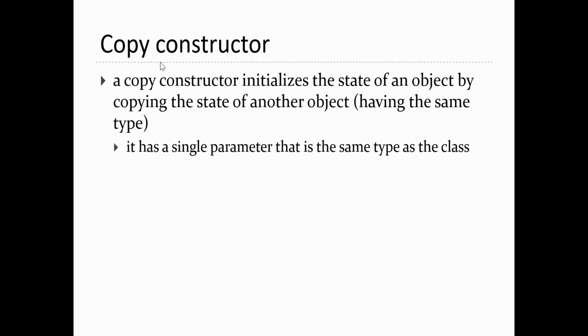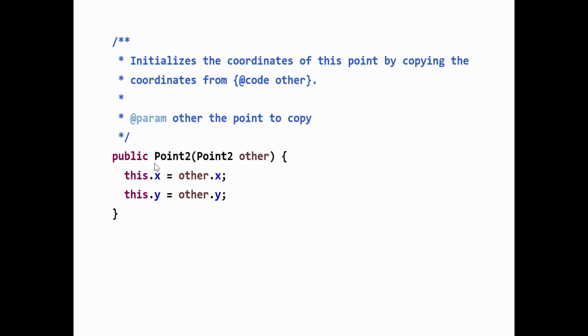You can always identify copy constructors because they have one parameter, and the type of the parameter is the same as the type of the class. So our Point2 copy constructor always takes in another Point2 object to copy.